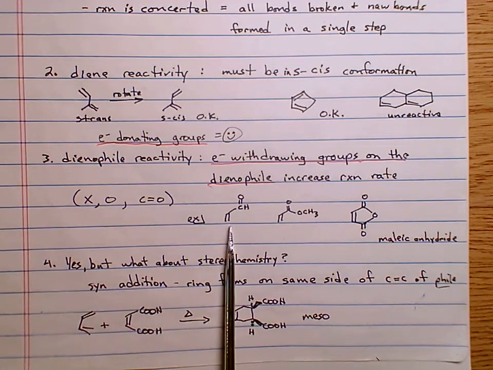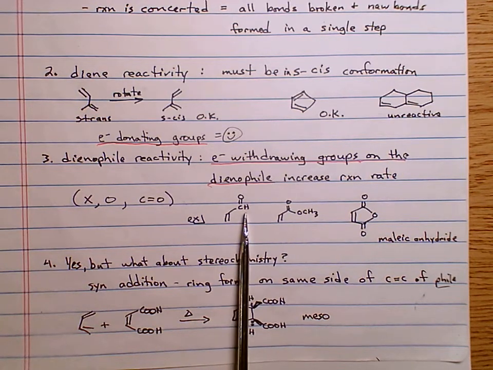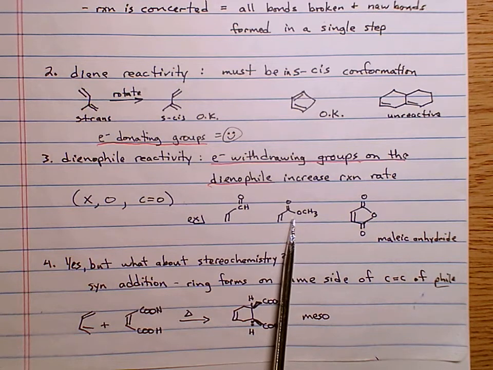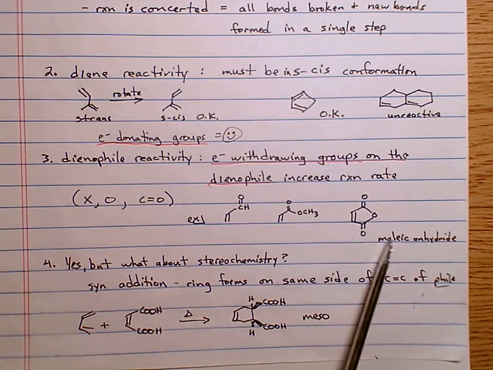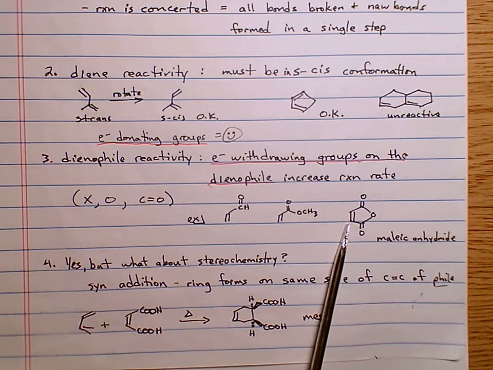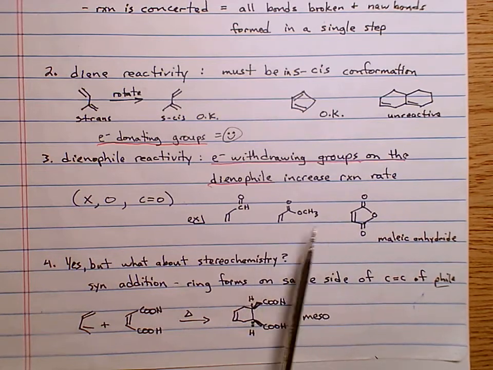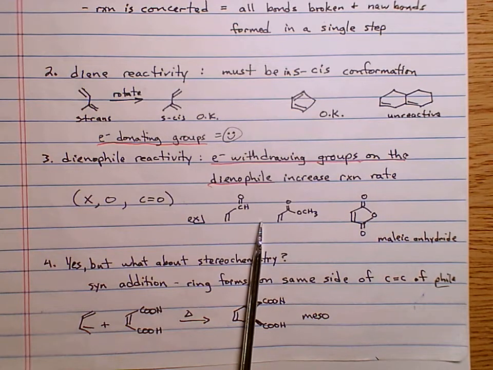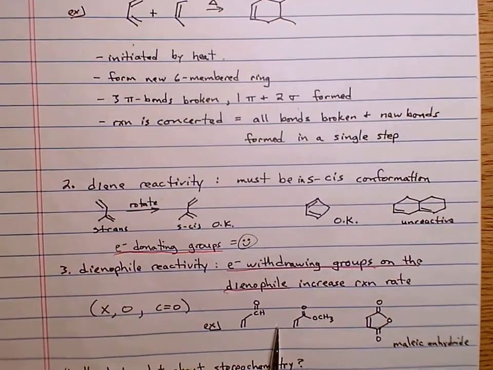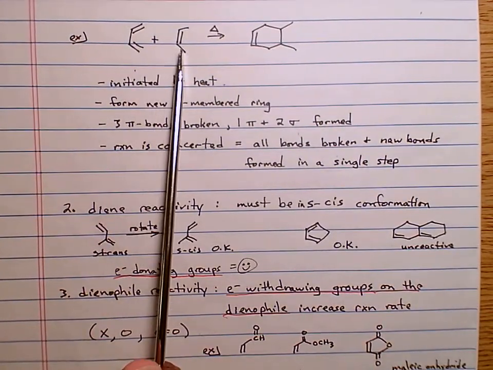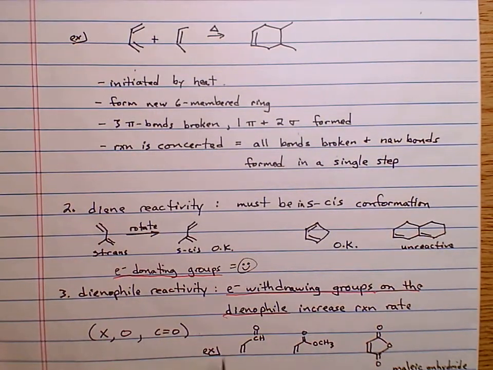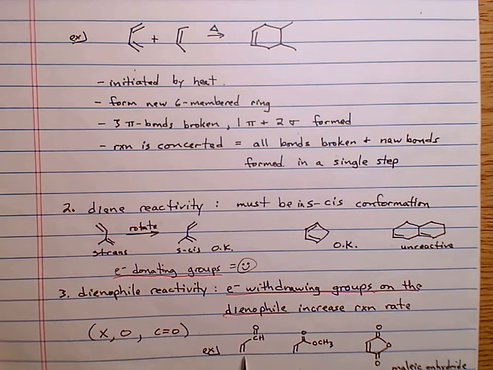So if you look at this double bond right here, and if we had an aldehyde or an ester here, or this molecule here, maleic anhydride, this double bond is going to be more reactive than just a normal double bond. So this double bond here will undergo Diels Alder reactions, but these guys will do it better. These will do it faster, make more product. These are just better at doing Diels Alder reactions because they are electron withdrawing.